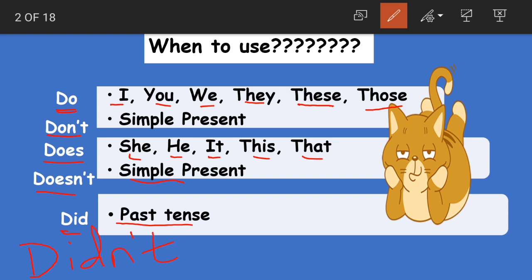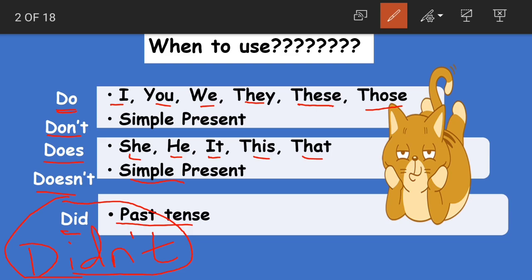This did or did not is used for every pronoun here, like I, you, we, they, these, those, she, he, it, this, that. For every pronoun you are going to use did or didn't, and the sentence must always be in past tense. When it is in past tense, then you can use these words.